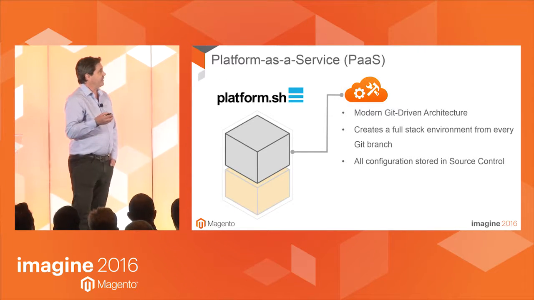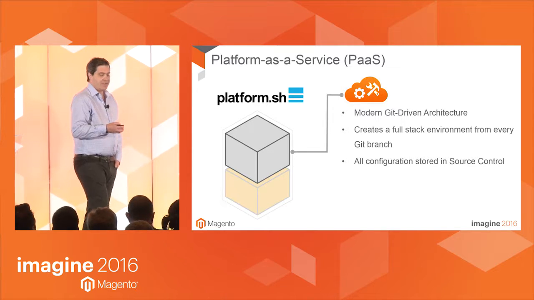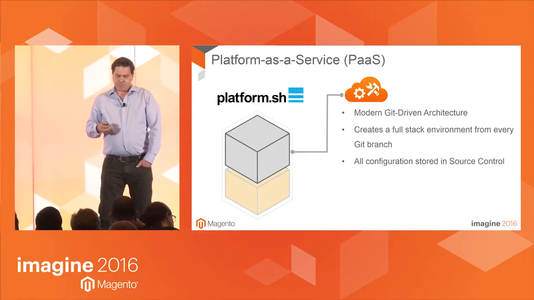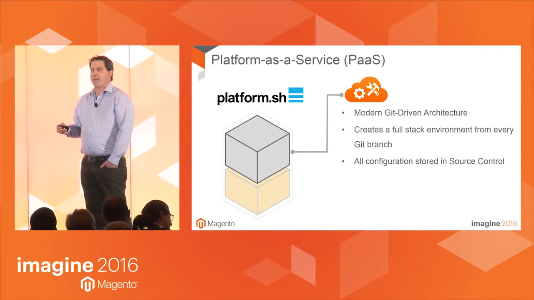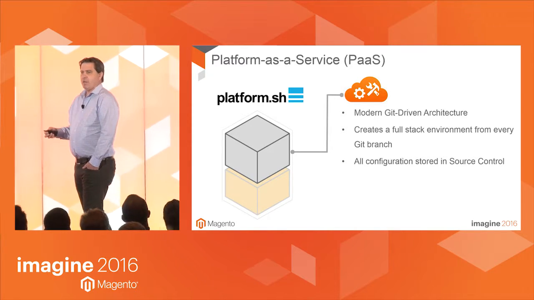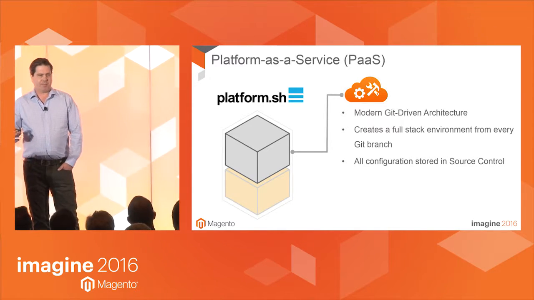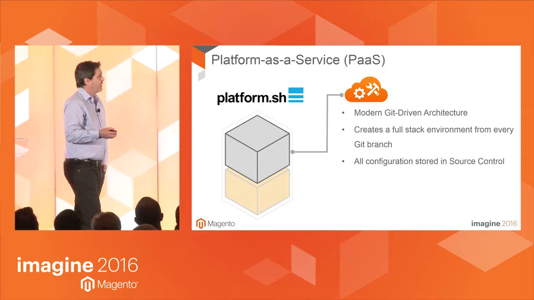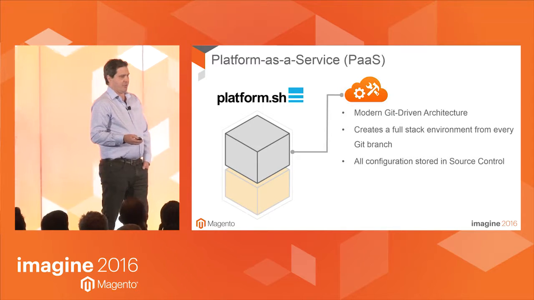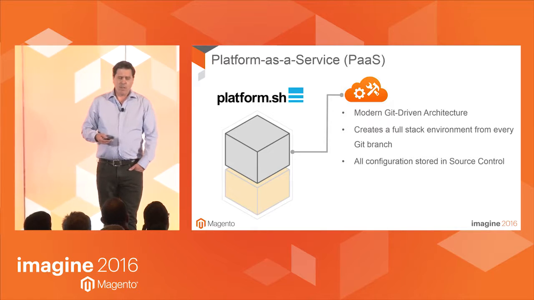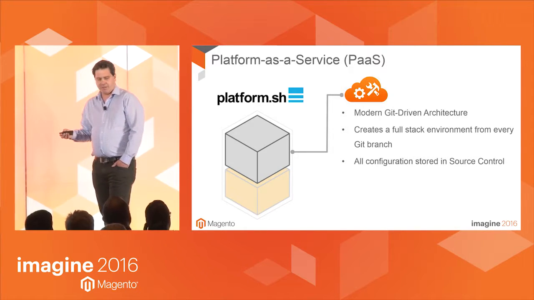So one of the main things that platform.sh's PaaS gives us is that it can provide a running full stack instance of Magento for any branch of a Git repository, right? And this can be provisioned seamlessly and easily by a developer without additional support at the click of a button. These environments can be provisioned in just minutes.